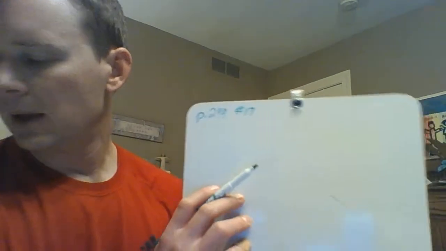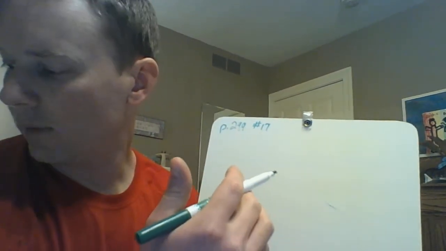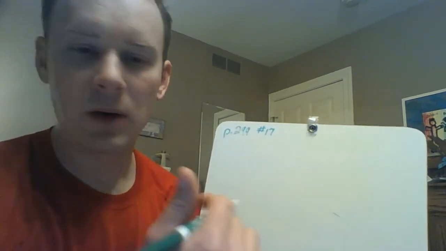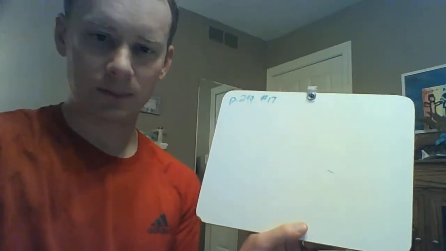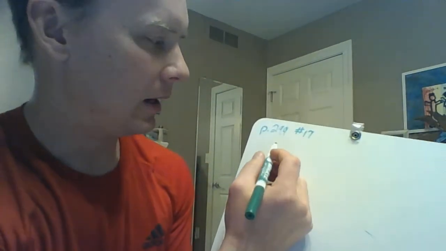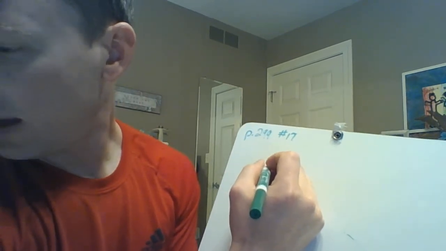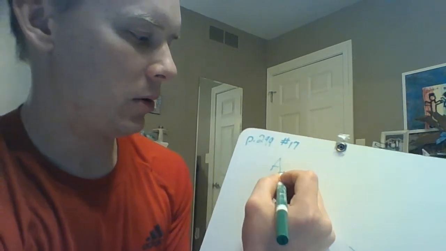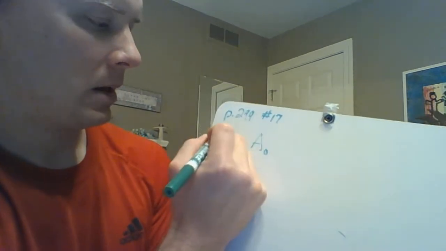First off, they're giving us the terminology of a rate as a percentage. If the amount is being reduced by 25% every year, we can first think about how we're starting with this a sub 0 amount. That's our initial value. We don't know how much that is, but we're going to use a sub 0 to represent that.